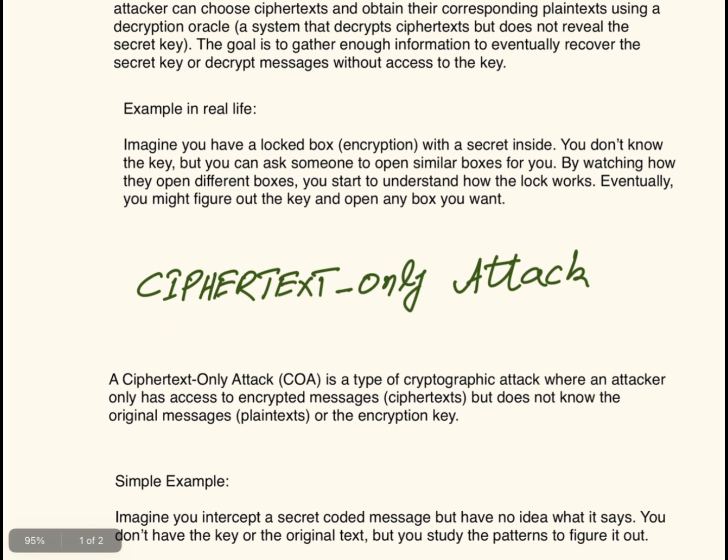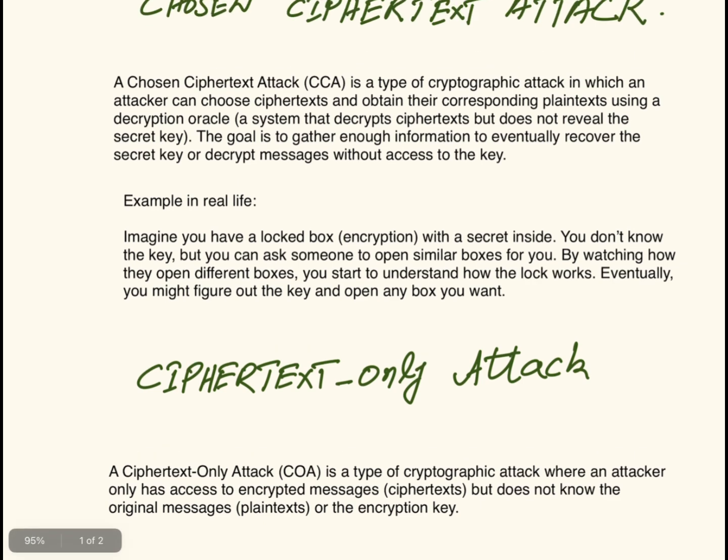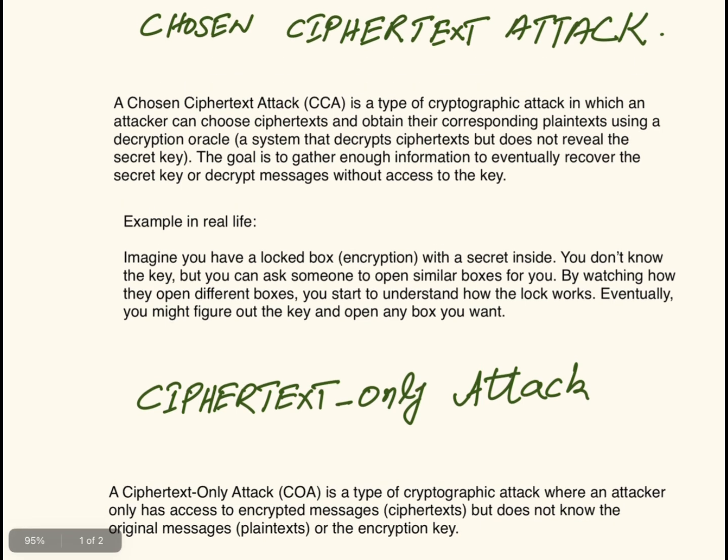Another example for this attack is, imagine you have a locked box. In this example, the locked box is encryption, with something very secret inside, and you do not know the key, but you can ask someone to open a similar box for you.